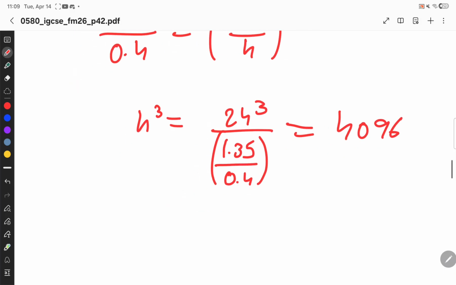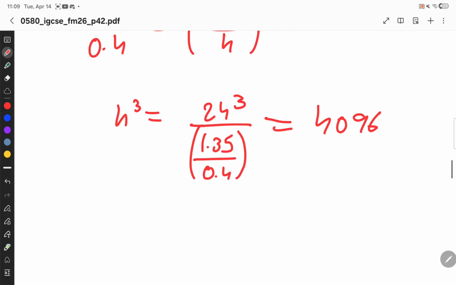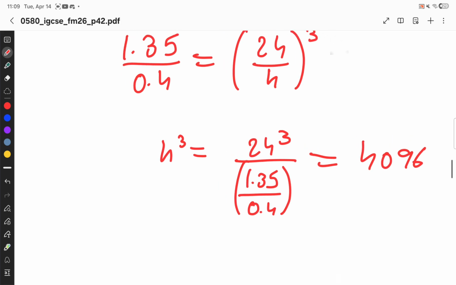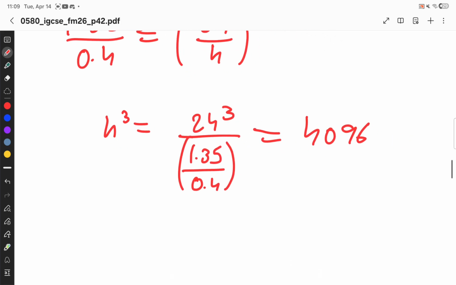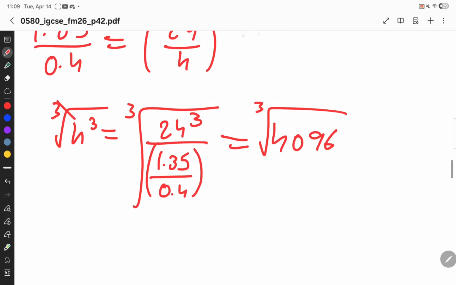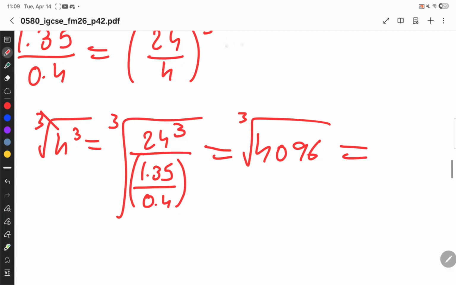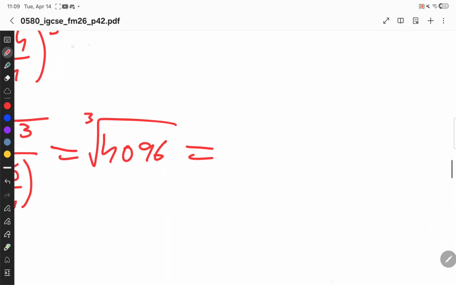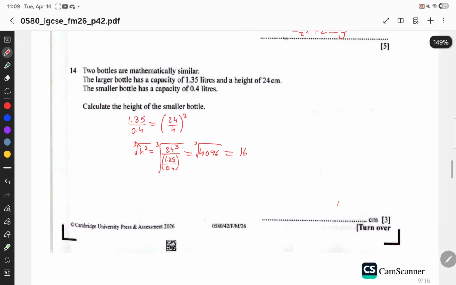I seriously do not know how this question is so perfect. We just take the cube root of this, and we get 16. Voila.